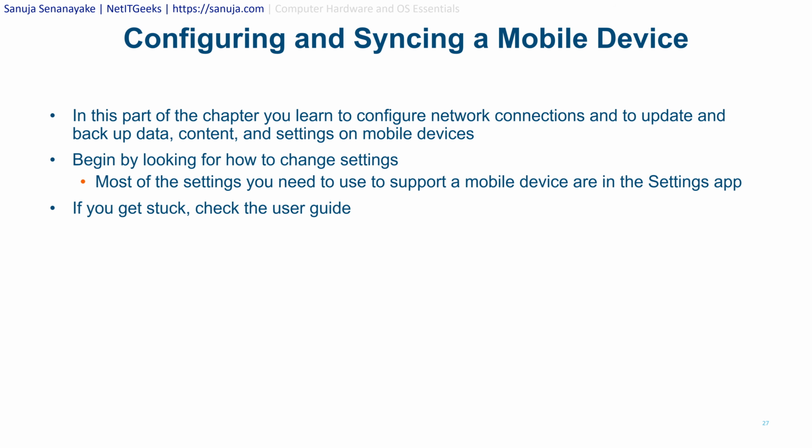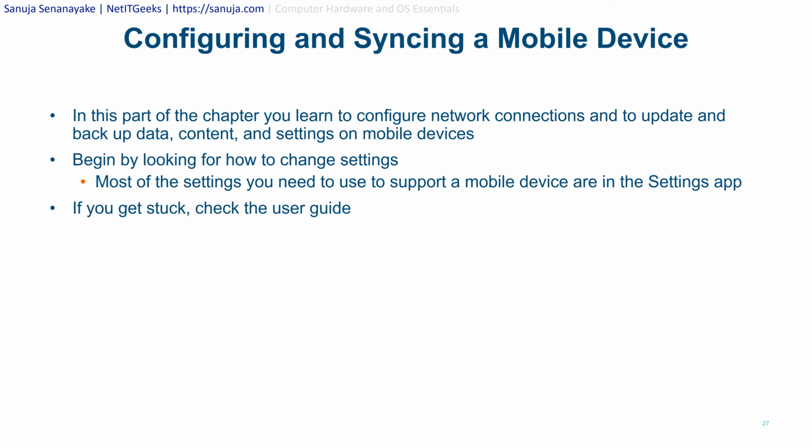Configuring and syncing a mobile device. In this part of this lecture, you will learn to configure network connections and to update and back up data content and settings on mobile devices. The first thing you need to do is find the place where you can go to change those settings.